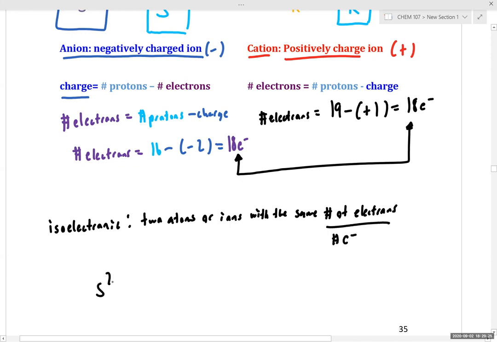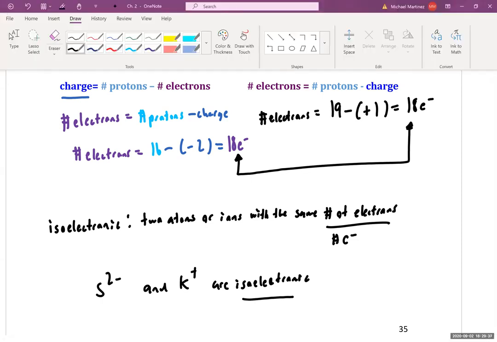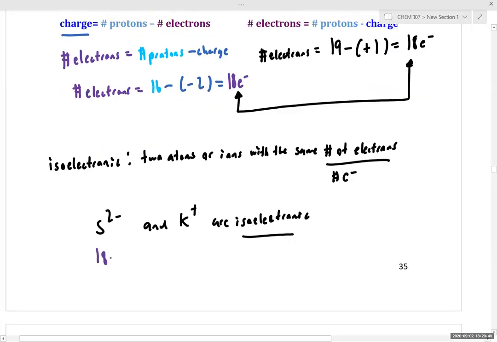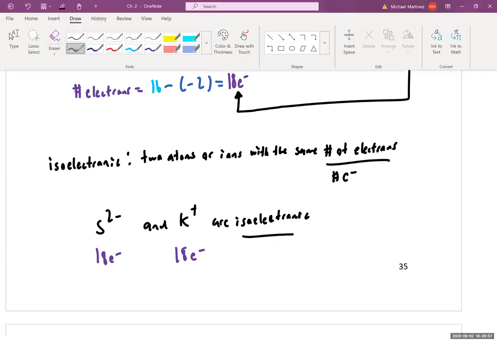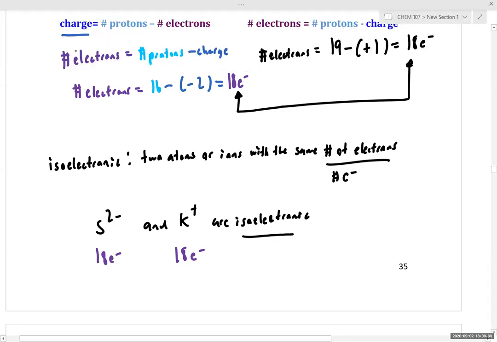So we could say, for example, S2- and K+ are isoelectronic because both of these ions have 18 electrons total. Does that make sense to everyone? Any questions before we move on to the next idea?